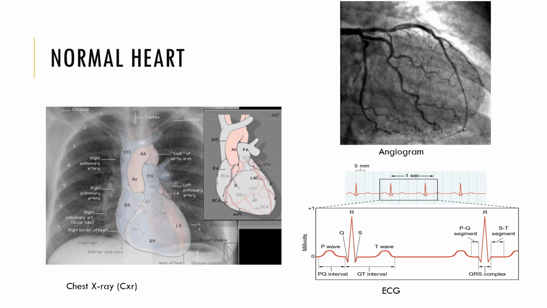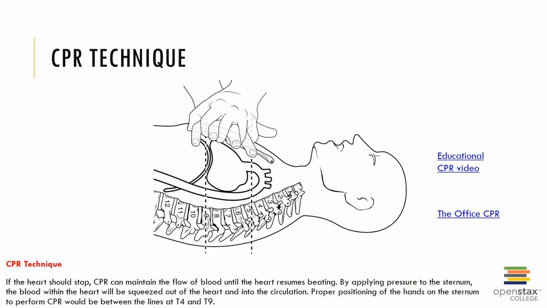In this chapter, we will also relate the heart anatomy to the physiology of the heart, and you can see some of the physiology that we will talk about in the EKG shown in the figure. If the heart should stop, CPR can be performed to maintain the flow of blood until the heart resumes beating.